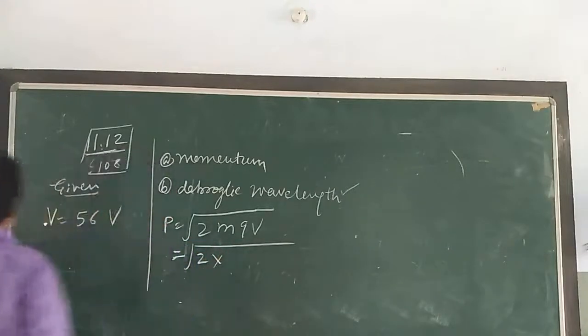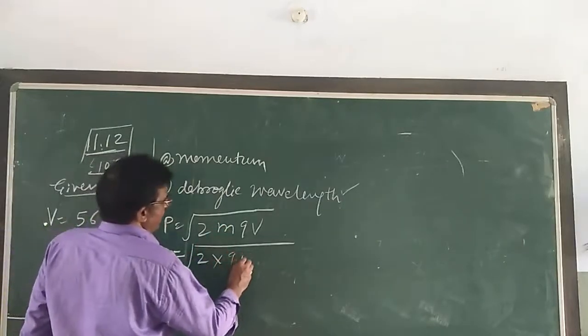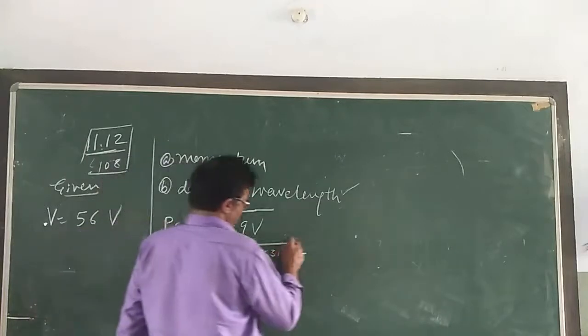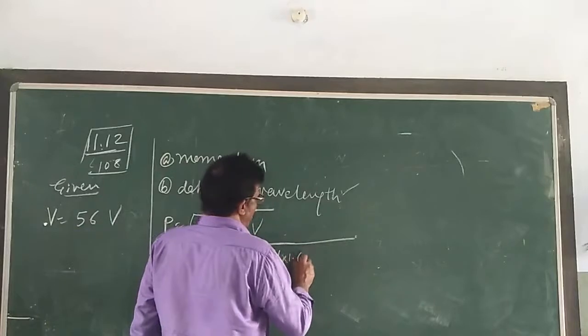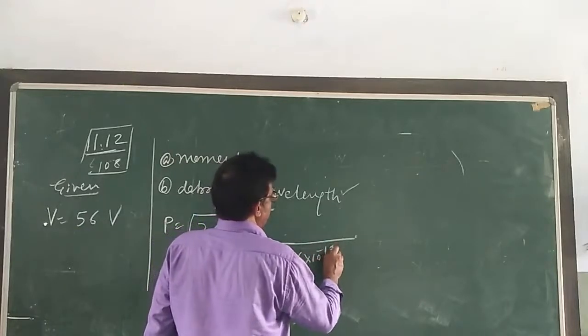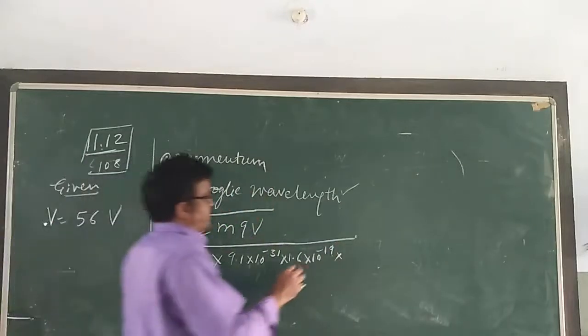We are talking about electrons. So, mass of electron 9.1 into 10 raised to power minus 31. Charge of electron 1.6 into 10 raised to power minus 19. And V given to you is 56.